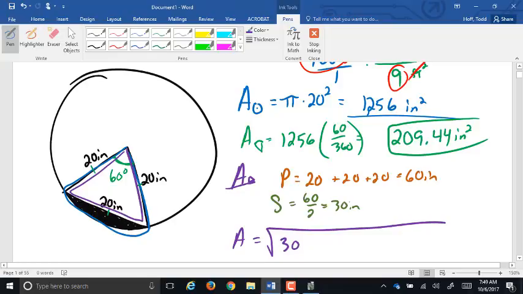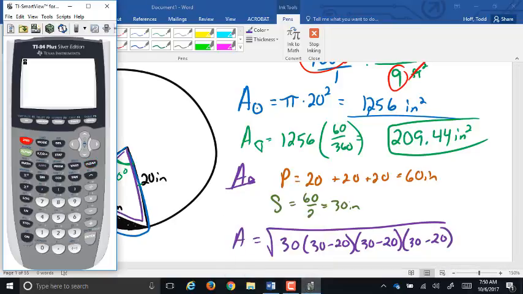is the square root of 30 times 30 minus the first side of 20, times 30 minus the second side, which is also 20, times 30 minus the third side, which is also 20. 10, 10, 10. Yep. So the square root of 30 times 10 times 10 times 10 is 30,000.